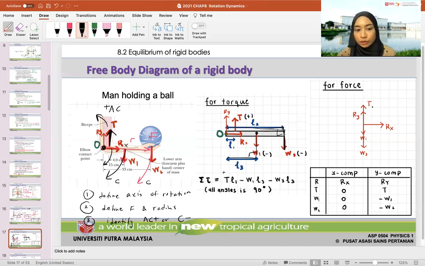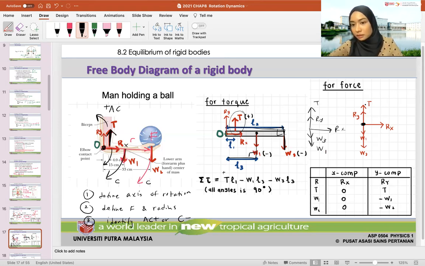Okay, so if we're talking about the forces, remember when we are talking about equilibrium, we have to know the translational forces and also the rotational forces. So for the translational force, we combine all of them at the center of the mass. So just put them there. So tension like this. Then we have Ry, we have T, we have our Rx over here, we have our W1, and then we have our W3.